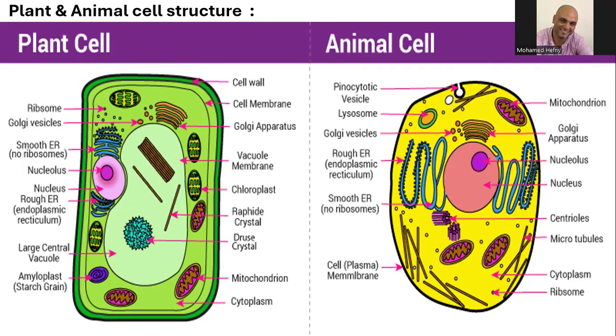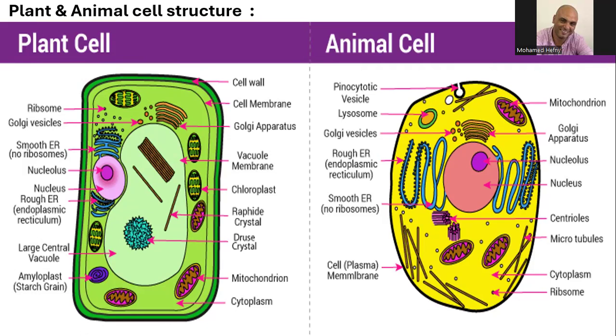nearly all the components are the same except there is no cell wall. In the animal cell, there is no cell wall. There is no chloroplasts. Okay. In the animal cell, the vacuole is very small, but in the plant cell, the vacuole is large.